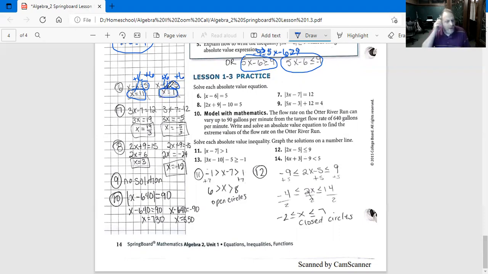All right, guys. So next, we're going to find the centerpiece on, well, actually, I'm sorry, we got number 7 to do. I thought we were going to number 8. So number 7, we're going to do the same thing.